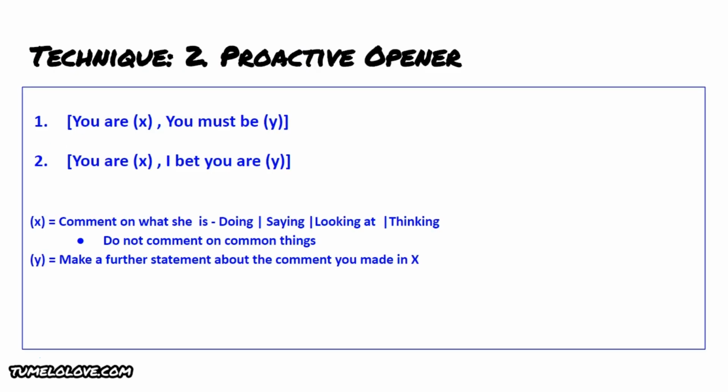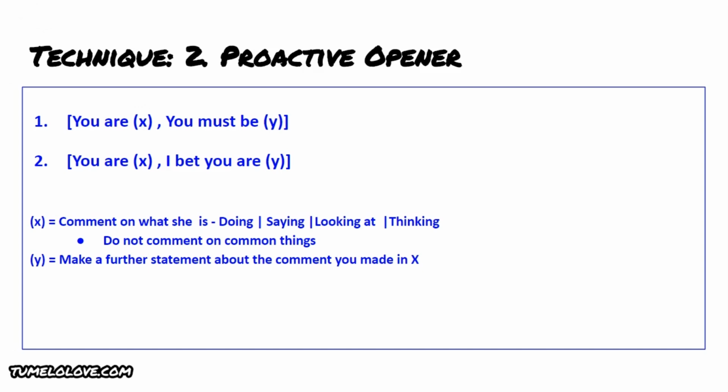The proactive formulas are as follows: you are X, you must be Y, or you are X, I bet you are Y. X being the comment on what she's saying, doing, looking at, or thinking. So you literally just comment on anything she's saying, doing, looking at, or thinking. It can be anything, like you are walking, or you are drinking tequila, or you are smiling, whatever it is.